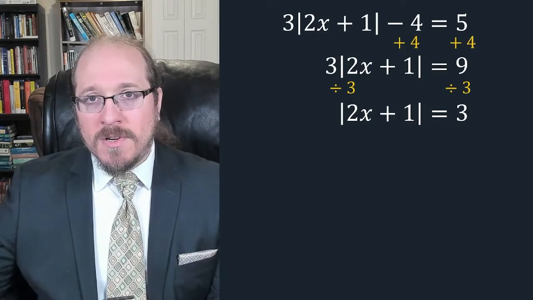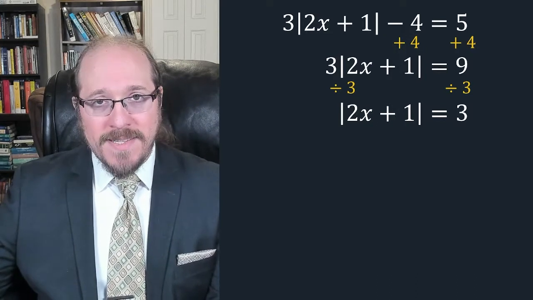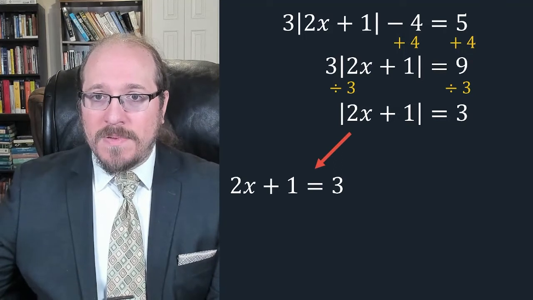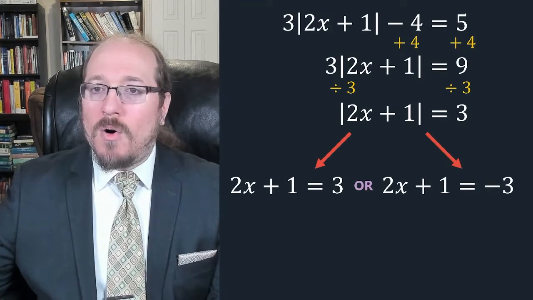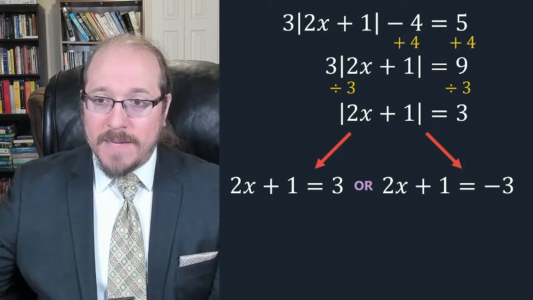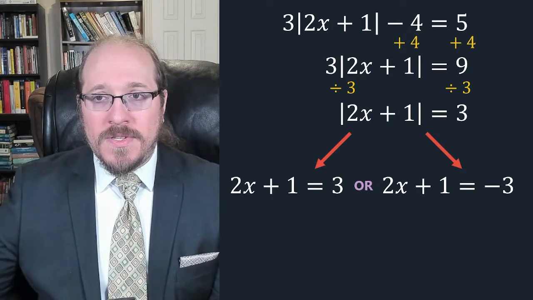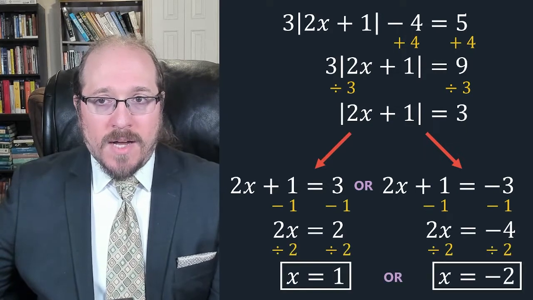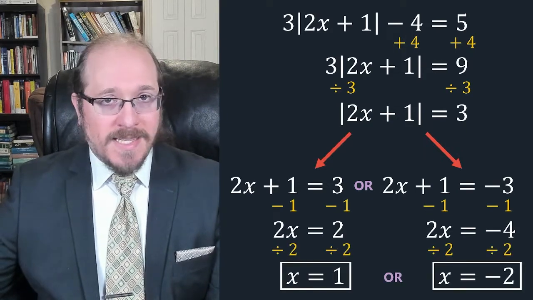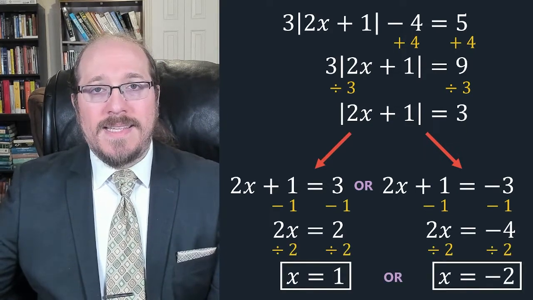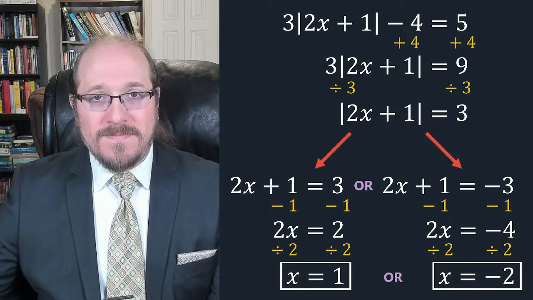That splits our equation up into two different cases. Either 2x plus 1 equals positive 3, or 2x plus 1 equals negative 3. Each of these equations has its own solution, which you can find with more undoing. In the first case, x equals 1, and in the second case, x equals negative 2.